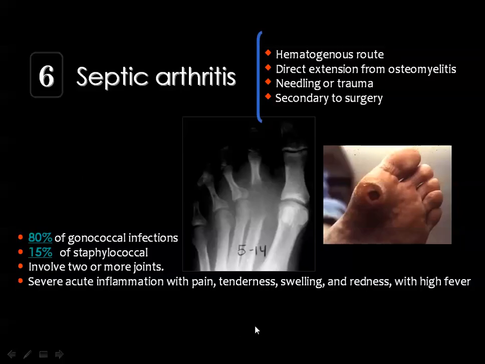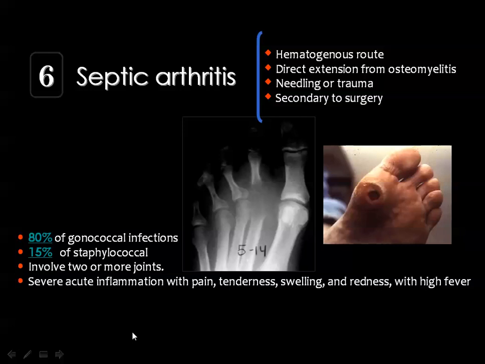The organism may reach the joint by one of these routes: either hematogenous spread, or direct extension from an osteomyelitis in the adjacent bone, or by trauma or secondary to surgery. The most common organism for septic arthritis is the gonococcal infection, and the second is the staphylococcal type.